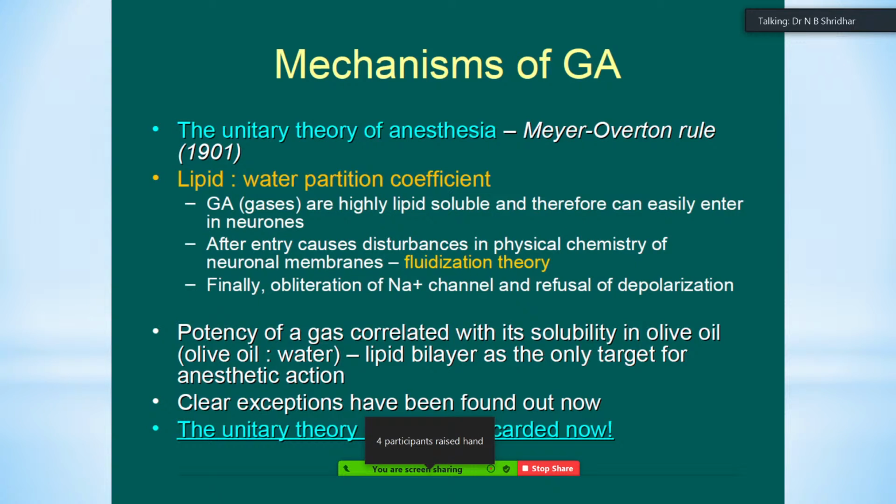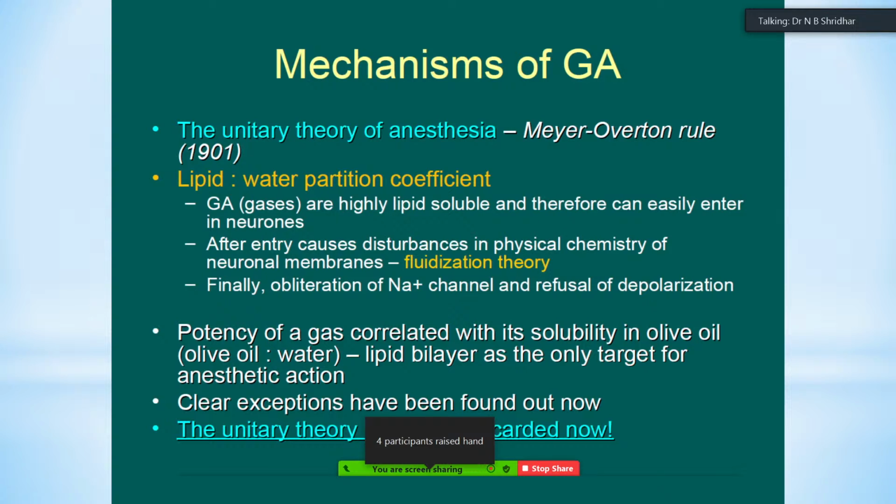Finally, obliteration of sodium channels and prevention of depolarization occurs. And the potency of a gas correlates with its solubility in olive oil, the olive oil water coefficient or ratio.